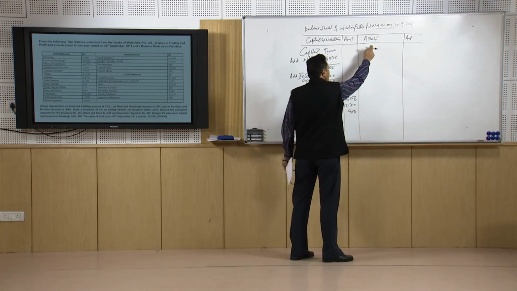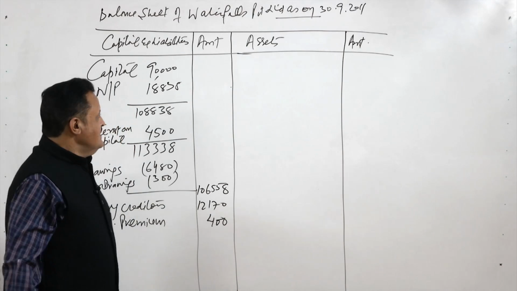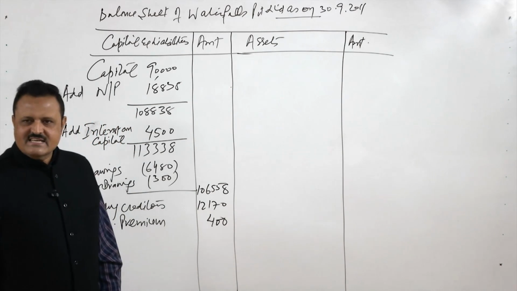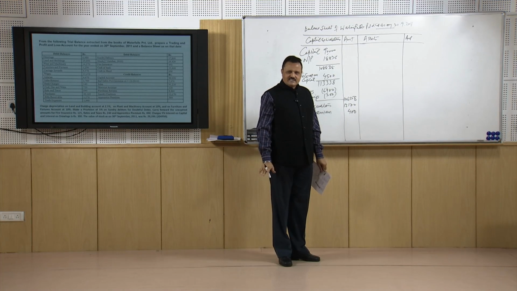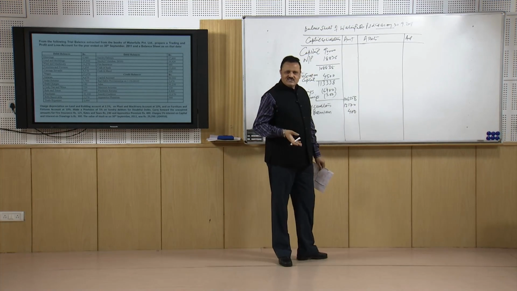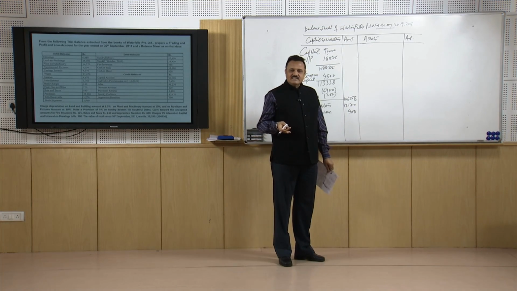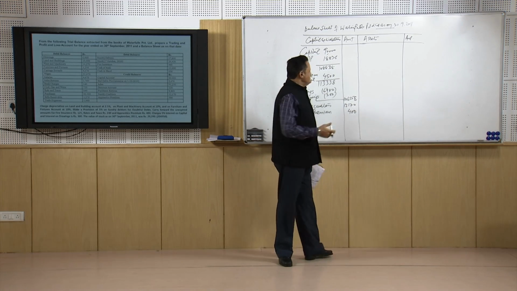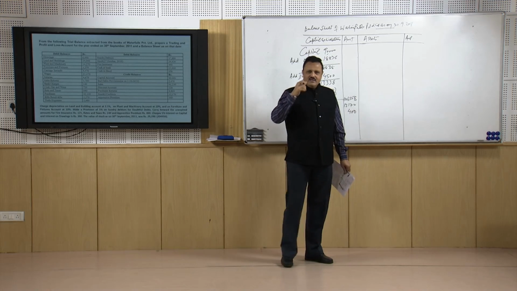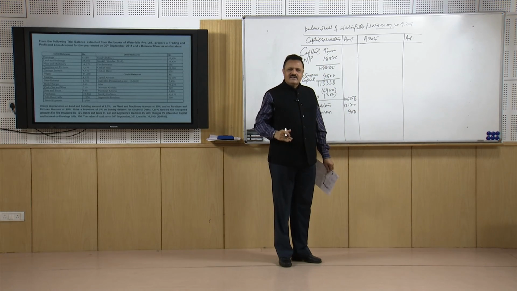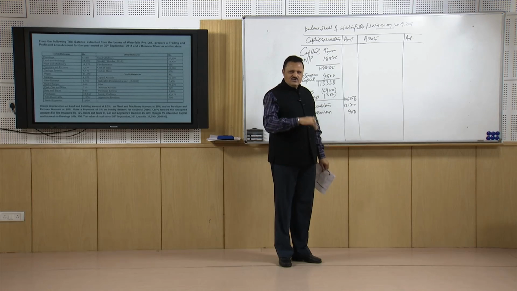Similarly, on the asset side, the long term assets, fixed assets, should be put on the top, and then the short term assets on the lower side. Long term assets means land, buildings, plant, machinery, furniture, which are going to stay with the firm for a longer duration. They should be put first, and then the current assets like cash, inventory, sundry debtors should come on the lower part.